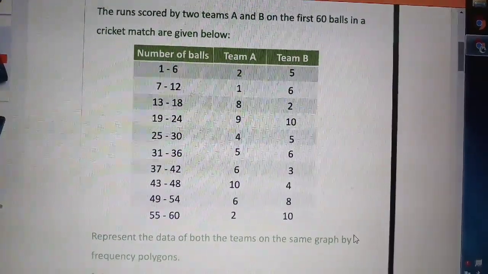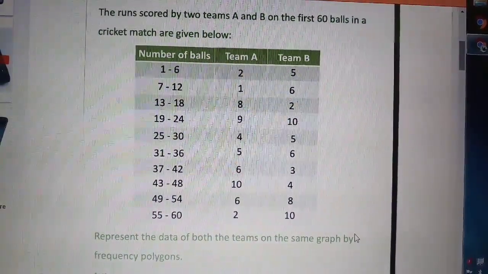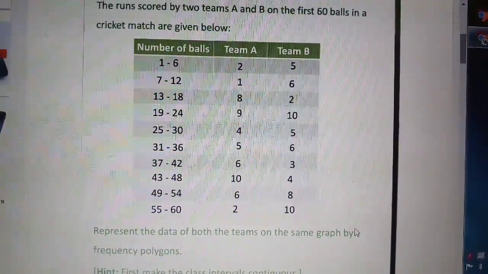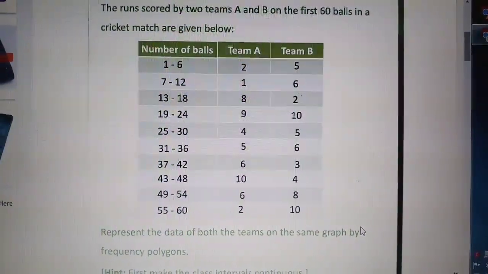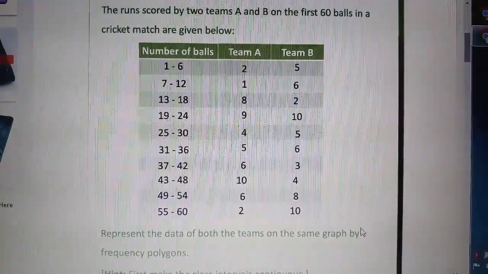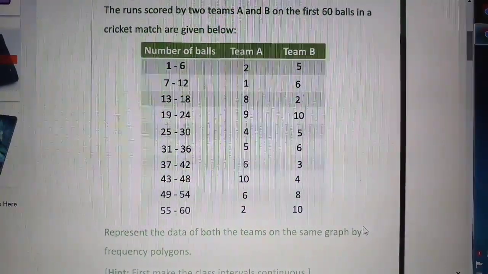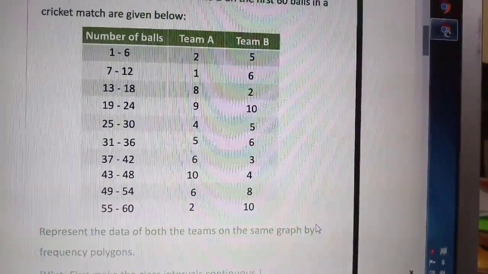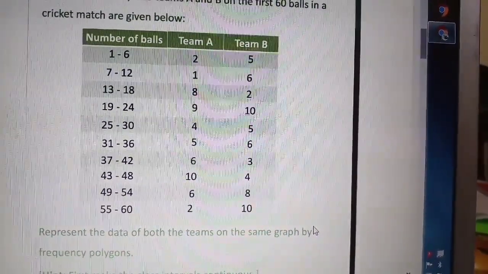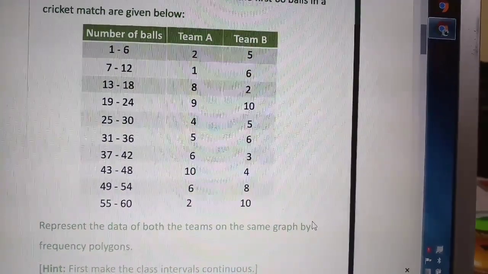Let us take an example of how to convert discontinuous data into continuous data. The runs scored by two teams A and B on the first balls in a cricket match are given below. You can see the class intervals which are in discontinuous form. So let's convert this data into continuous form.